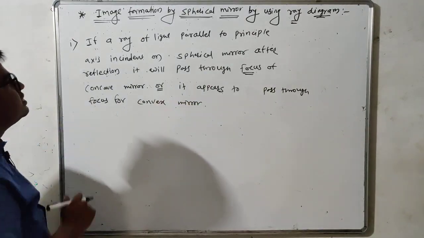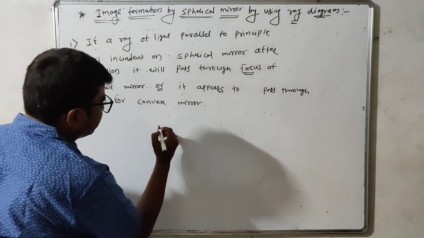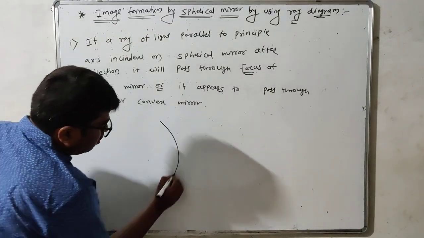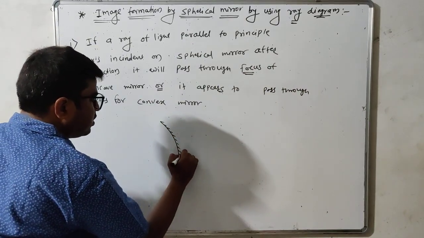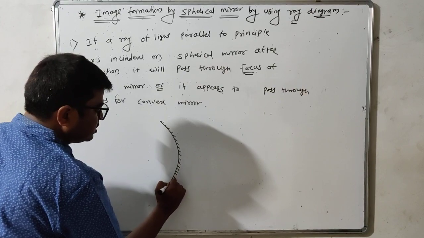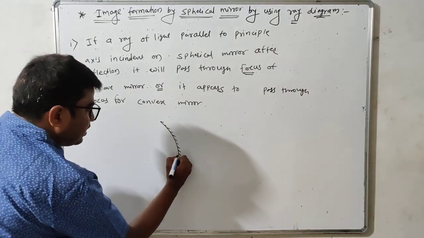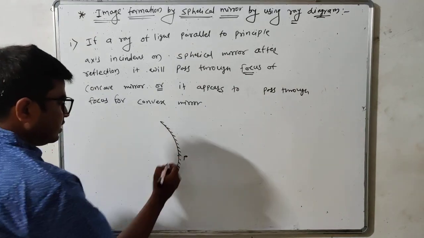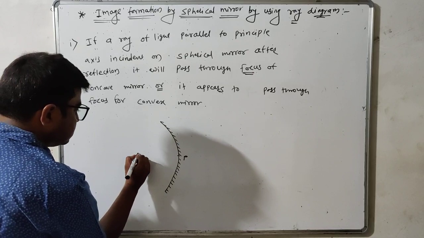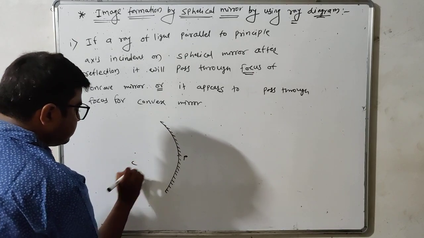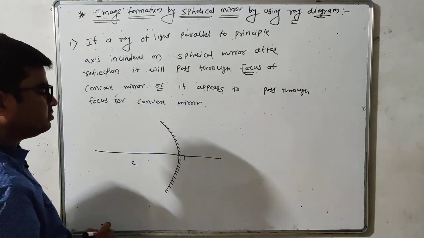Now let us study the first law by drawing a simple ray diagram. If we draw a spherical mirror whose outer side is silver polished, that means it is a concave mirror. If this is the pole and this is the center of curvature, a straight line passing through these 2 points is the principal axis.